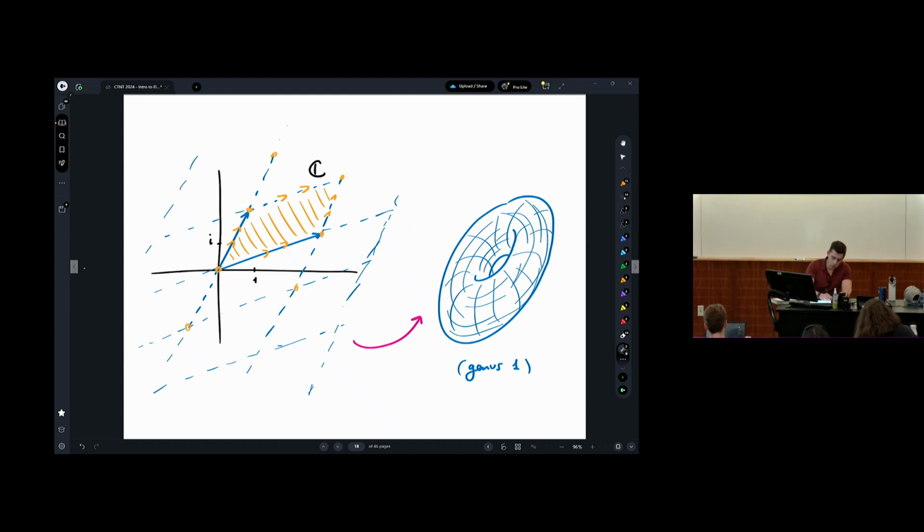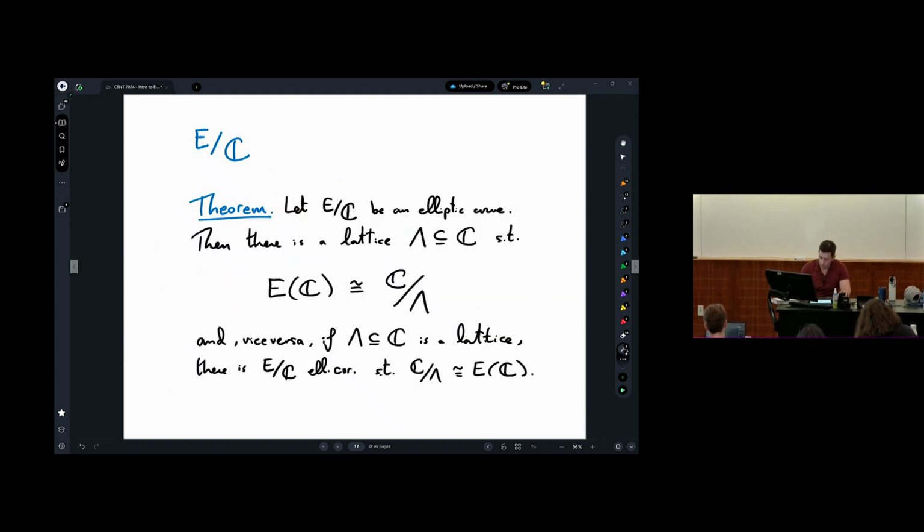But this isomorphism can be used, for example, to compute the torsion. The structure of the torsion subgroups is not difficult.